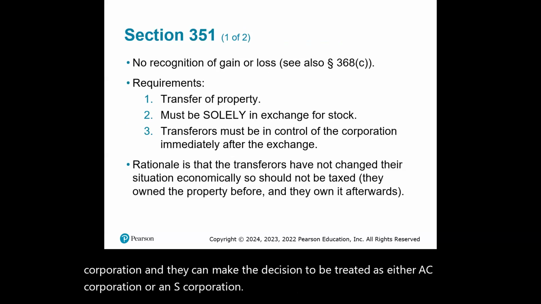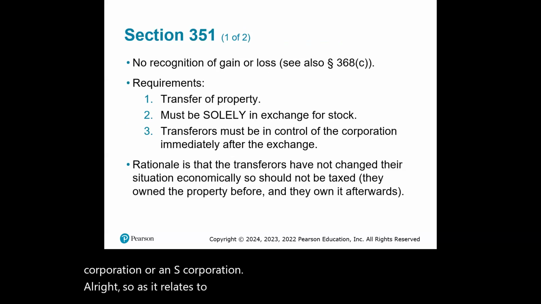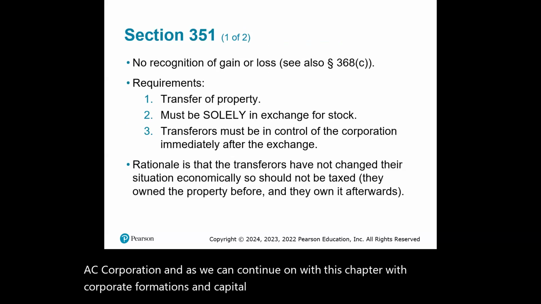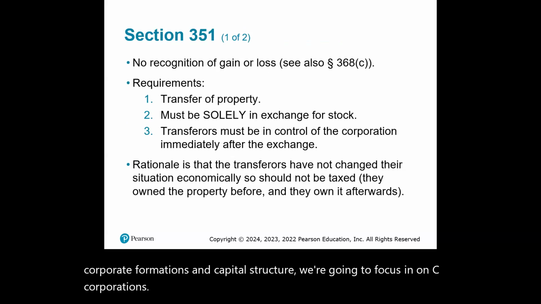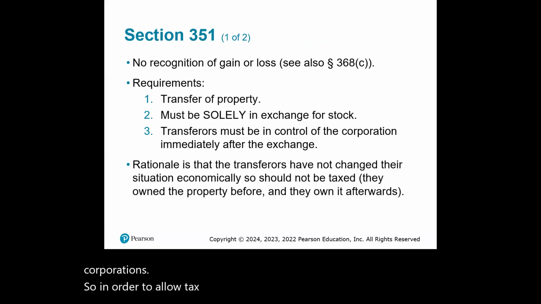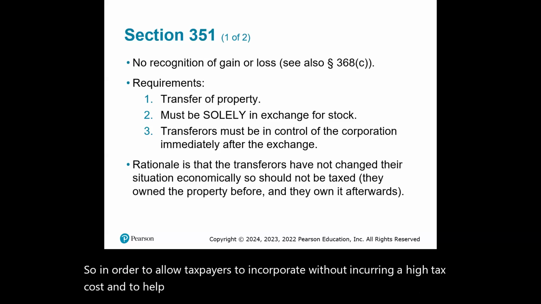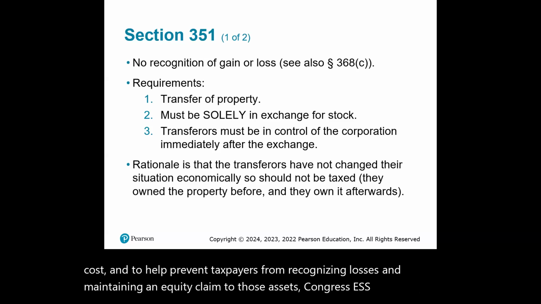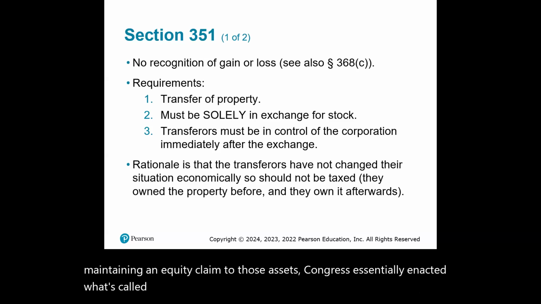All right. As it relates to forming a C corporation, and as we continue on with this chapter on corporate formations and capital structure, we're going to focus in on C corporations. In order to allow taxpayers to incorporate without incurring a high tax cost, and to help prevent taxpayers from recognizing losses while maintaining an equity claim to those assets, Congress enacted what's called Section 351.